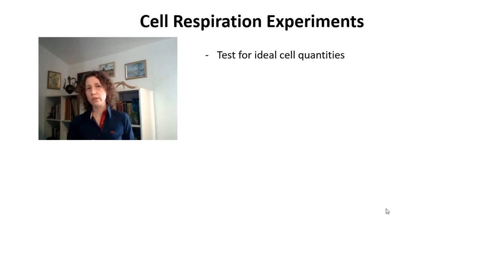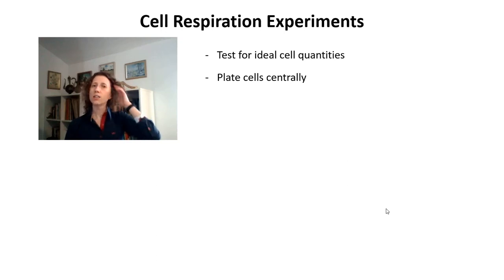And this really requires titration for every single cell type. So you have to do these preliminary experiments and make sure that your cells are well distributed and that you have good measures of oxygen consumption under your conditions.